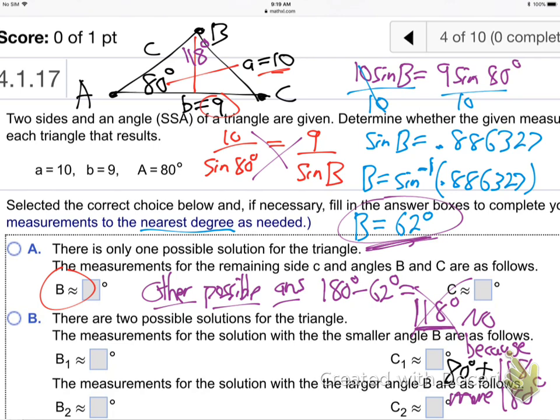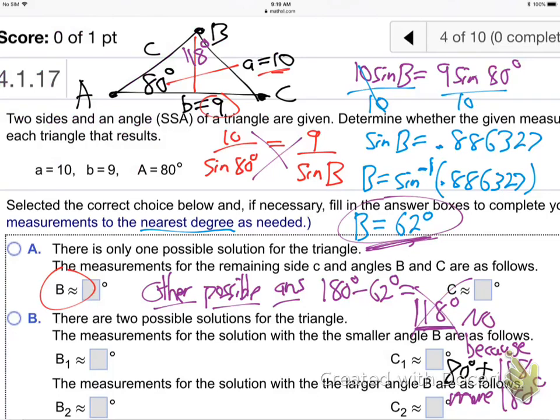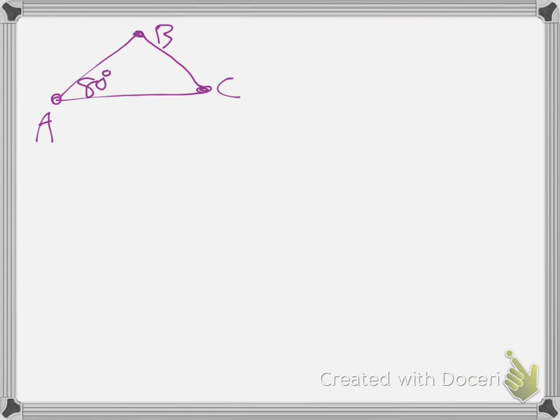Can you read all that down? Oh boy, you can't read it with the little finger thing there. It's a big mess here, so let me redo this real quick. So angle A, angle B, angle C, they gave me 80 and then 9 and 10, and this is little a, little b, little c.